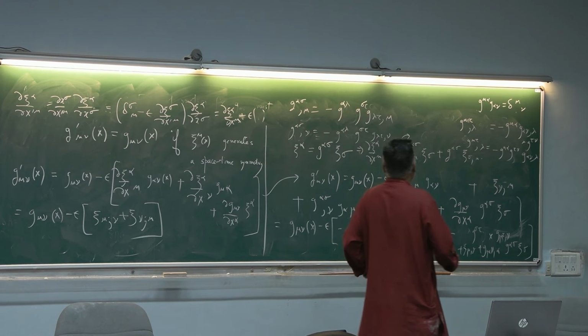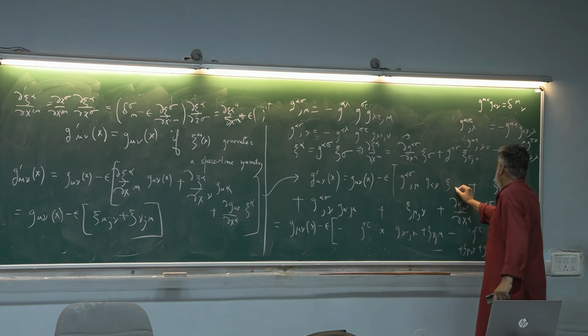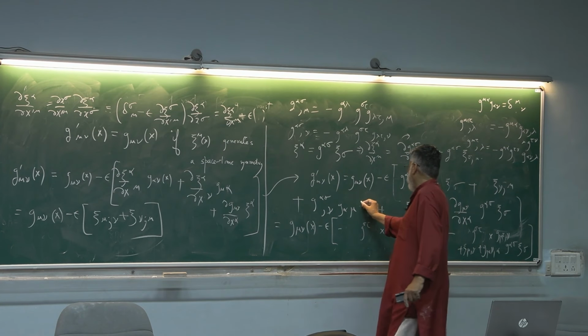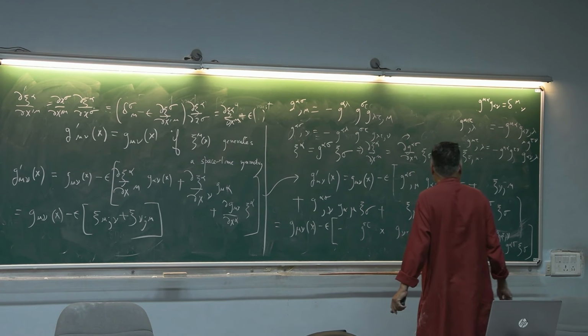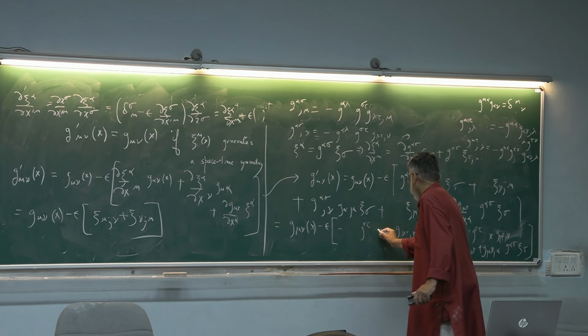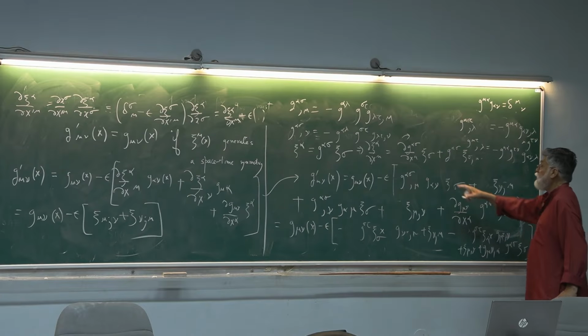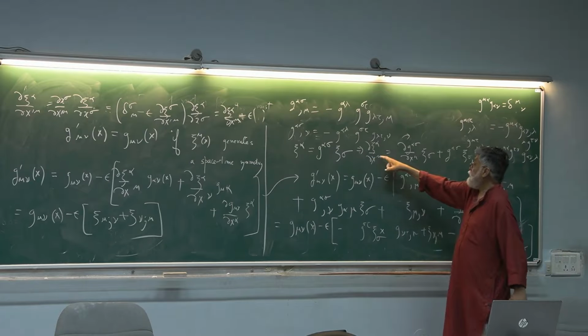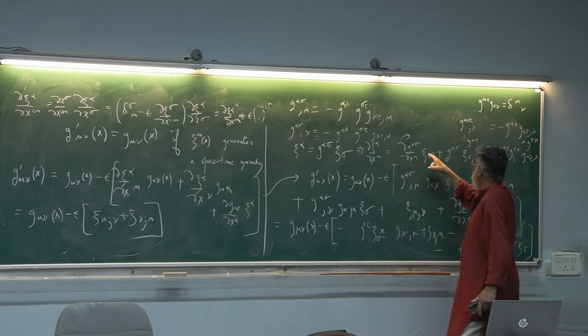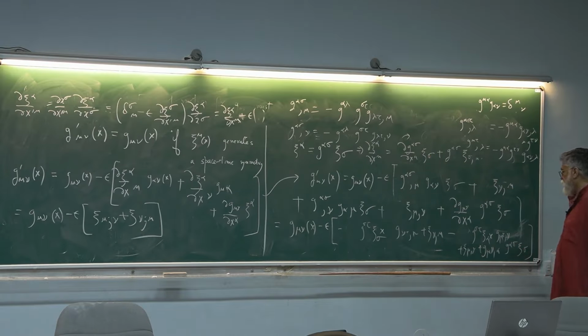Yeah, so there was zeta sigma, right? There was a zeta sigma here. There was a zeta sigma here. And I had forgotten to include. So there's a zeta sigma. There's a zeta sigma. Note, this object, when I differentiated, there was a zeta sigma hanging. So those zeta sigma has to be included, okay.